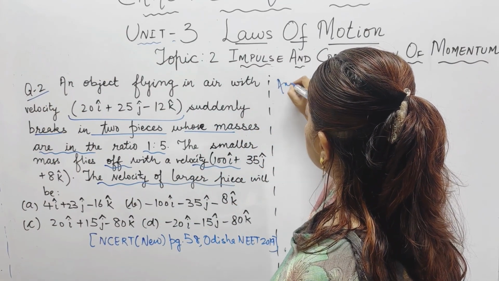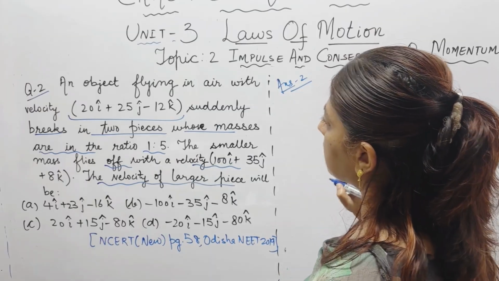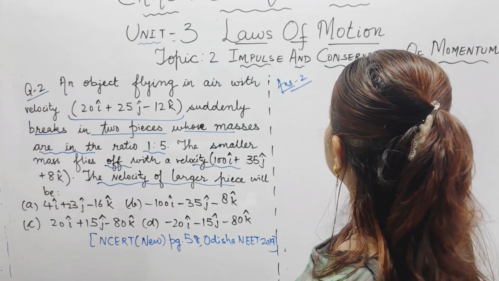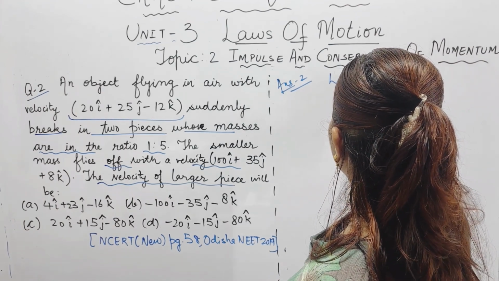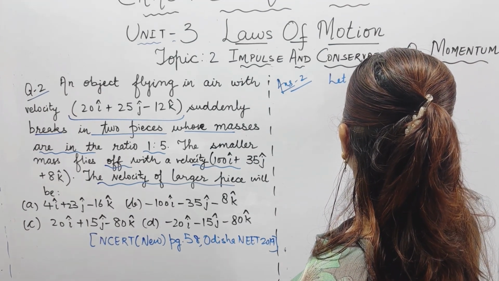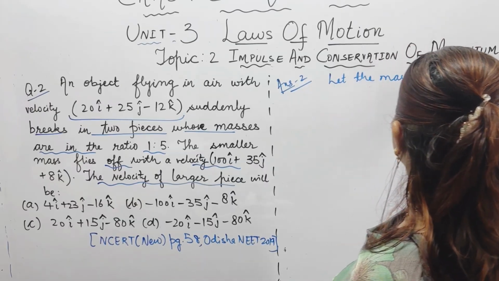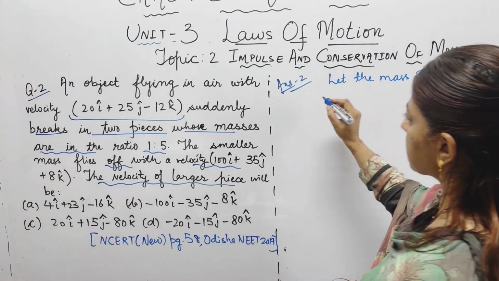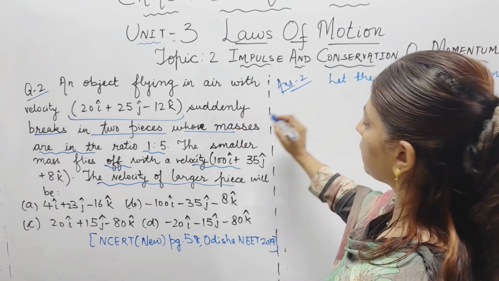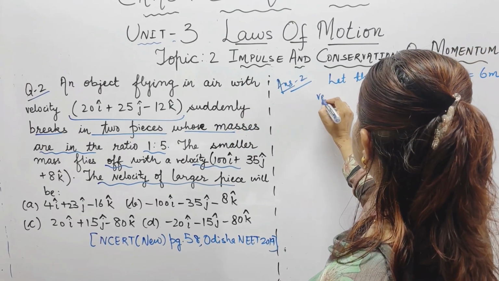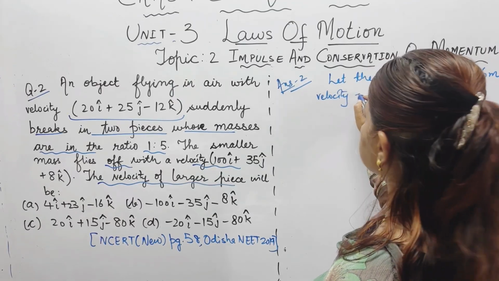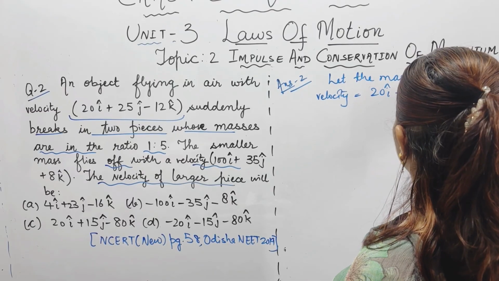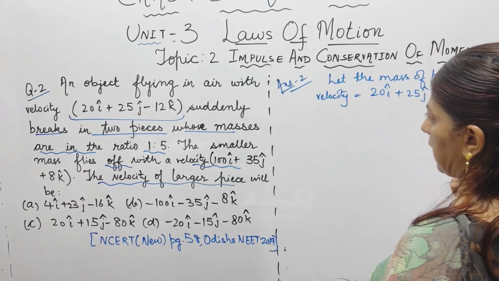So to solve the question, first thing is that if we consider, since ratio is given, let the mass of body be 6m, and this is before the breakup. So at that time the velocity of 6m is 20I plus 25j minus 12k.